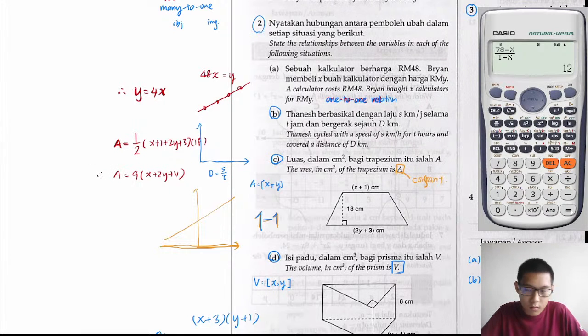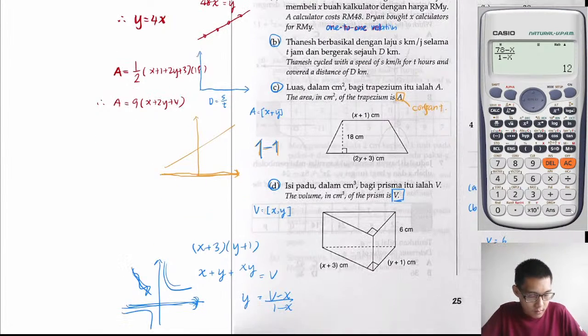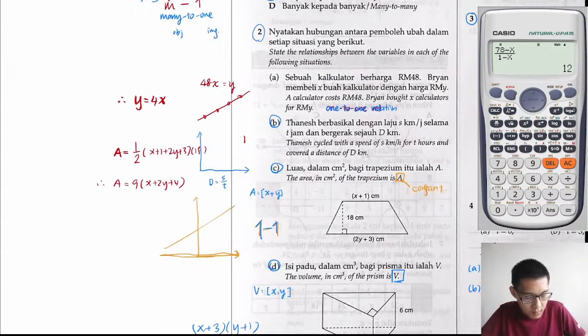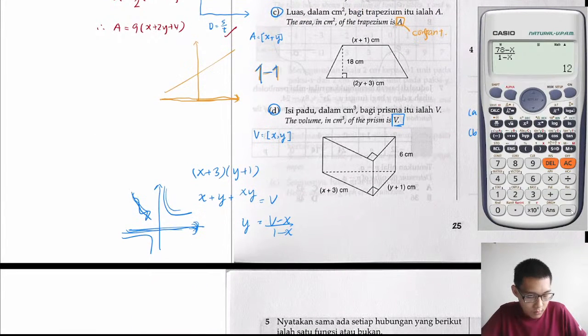Conclusion, this one. Okay, so the next one, the b actually is t equal to x over t. This one just now I did correctly already. Then the next one, we try to use V equal to x times 3, y times y plus 1, and then 6.